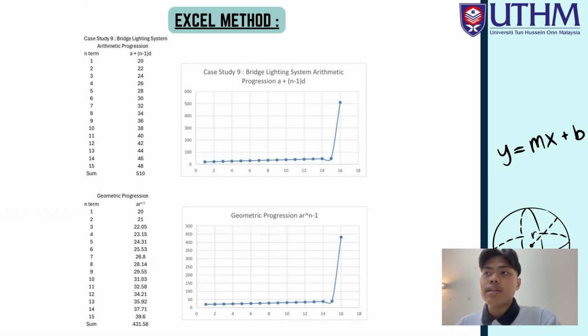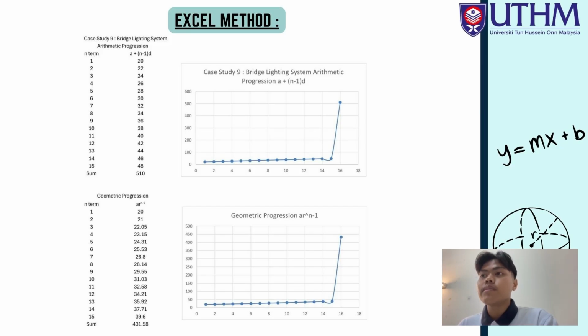So the next one is the Excel method. First, we have to put the n term. As we know, we are looking for the 15th term, so we have to jot down from the first term to the 15th term. In the second column, we have to put the formula and also the answer for each of the terms.